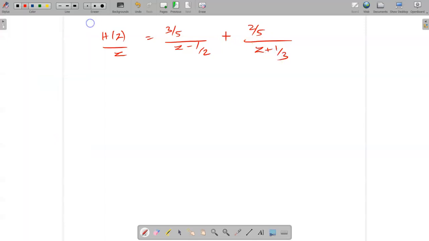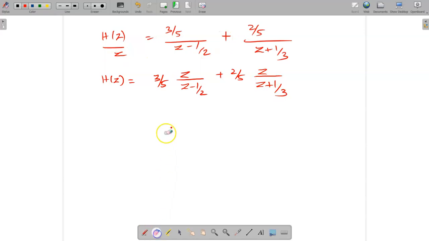Okay, so this is my h of z by z. So now take z to the right hand side. So h of z is 3 by 5 z by z minus 1 by 2 plus 2 by 5 z by z plus 1 by 3. Take this z to the right hand side.